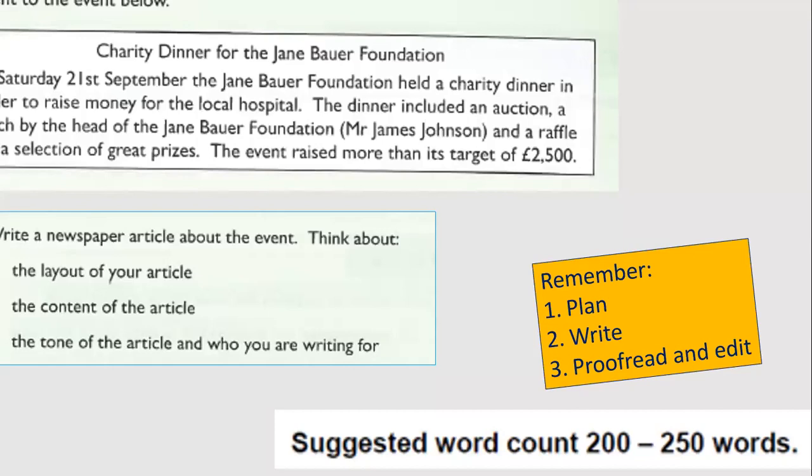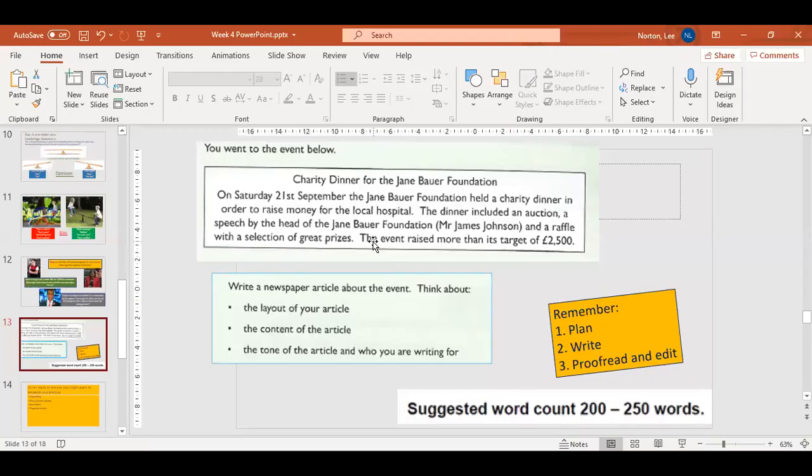Okay, I've got here a task on the screen, which will be better to see on the actual PowerPoint when you do it. Okay, you went to the event below, charity dinner for the Jane Burr Foundation. On Saturday, the 21st of September, the Jane Burr Foundation held a charity dinner in order to raise money for the local hospital.